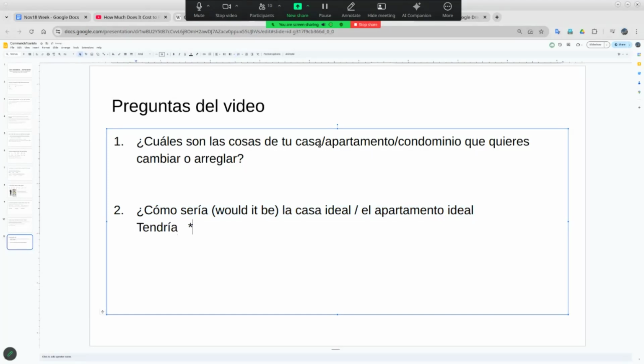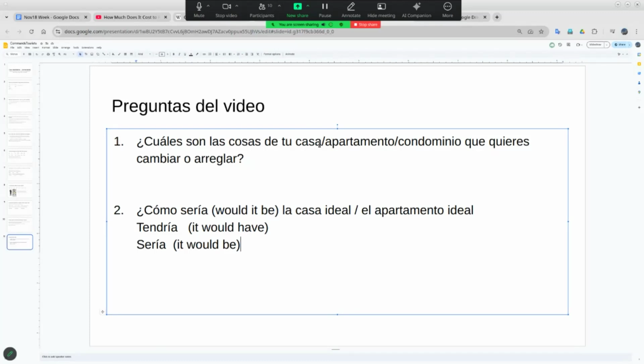Tendría, it would have, or sería, it would be. You can see what verbs those come from, or you can probably guess. That first one comes from tener, although it gets a D in the middle. It's an oddball thing, yeah? All you need to know is that that is the word they would use. Tendría means it would have, or sería, it would be, okay? One comes from ser, one comes from tener.